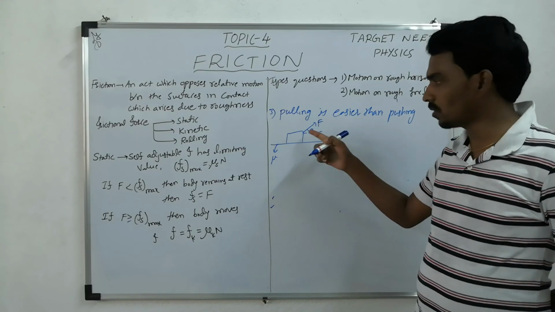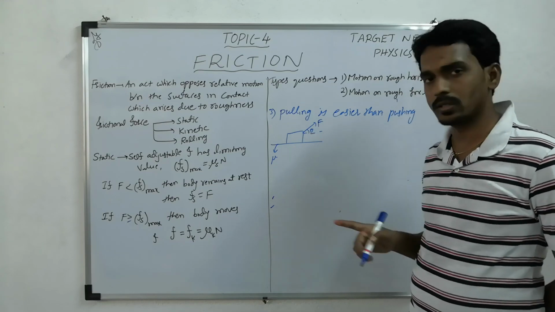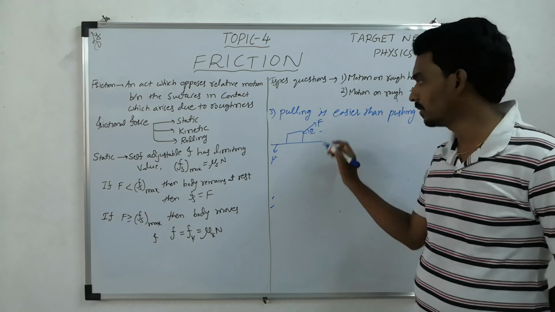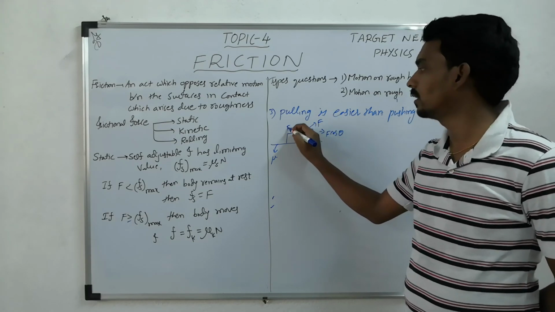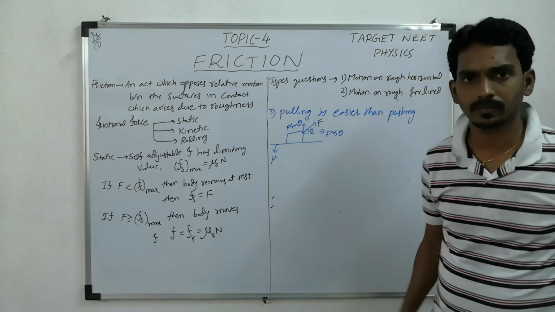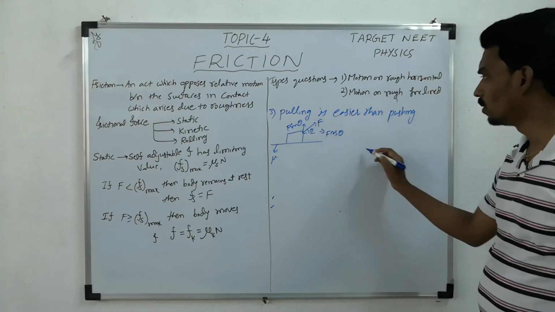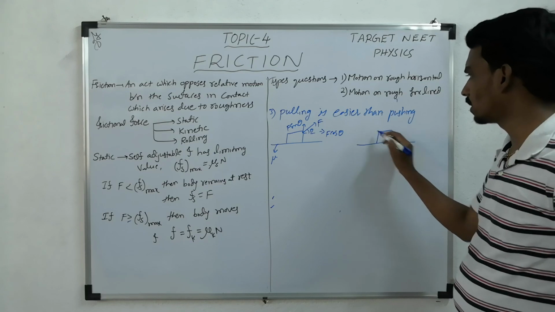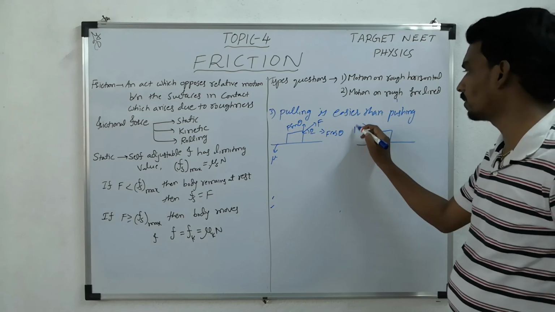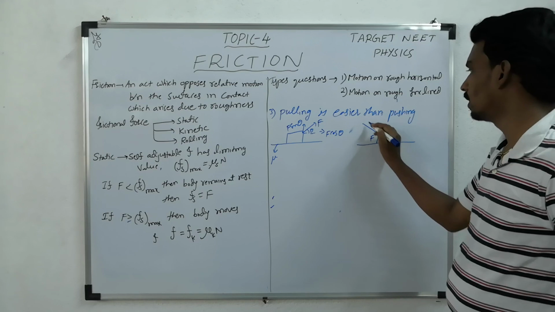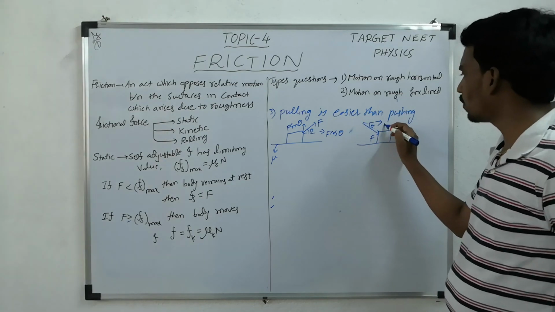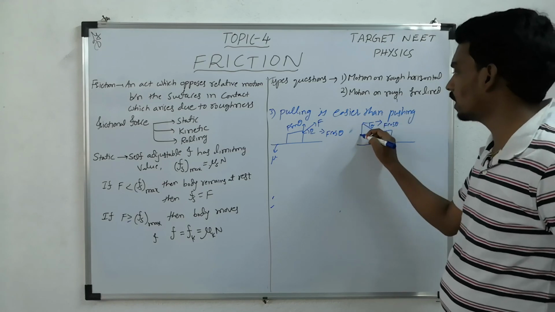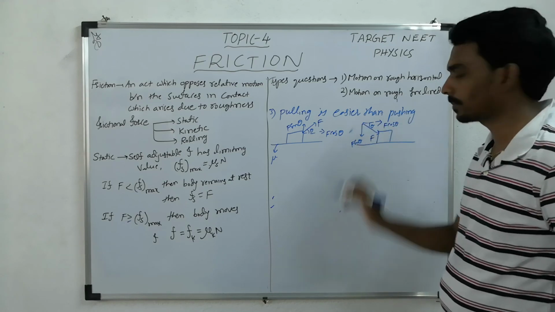In the initial case there was only a horizontal force, but here the force is acting at some angle. So you have to go for components: F cos theta and F sin theta. Now take the pushing concept. Now you are applying some force F at an angle theta. Then the horizontal component is again F cos theta, and the vertical component is again F sin theta.